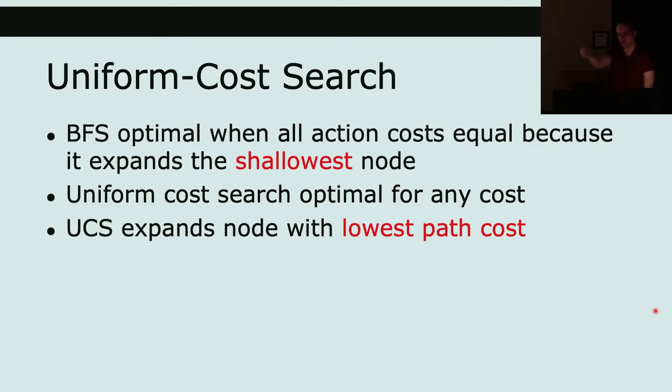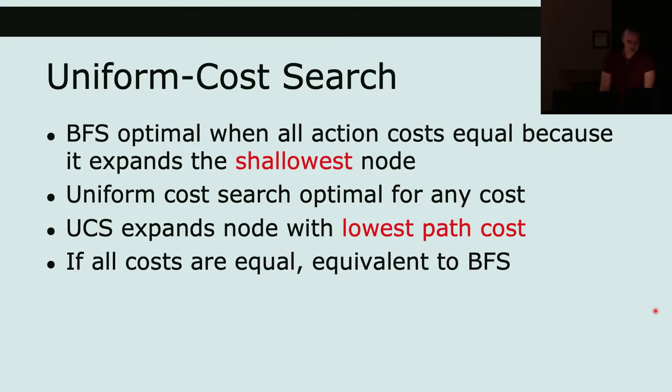And so if we look at the one with the lowest path cost, then that's the closest to the start. And so the one that's closest to the start, if we're checking that, then okay, that's going to lead us to an optimal solution. If all costs are equivalent, if all costs are equal, then this will perform identically to breadth first search. So that could be an interesting exam question.